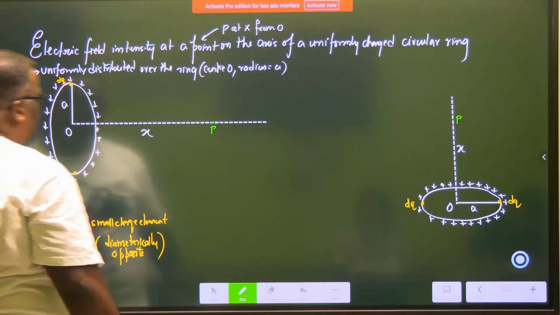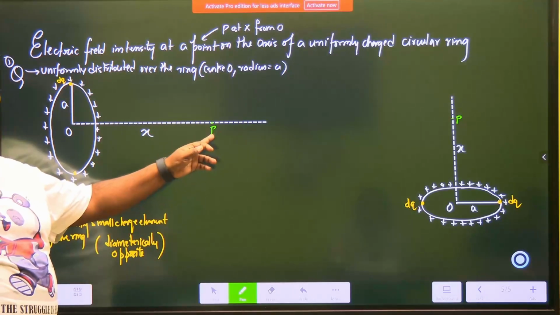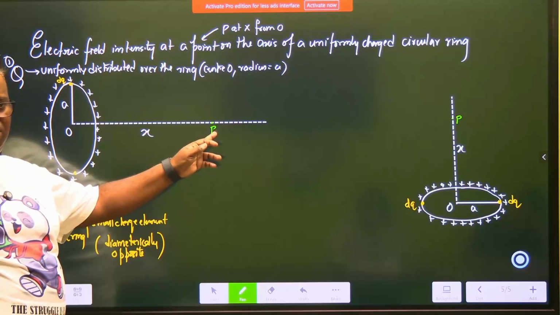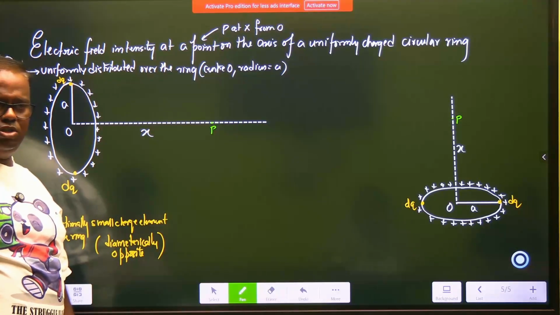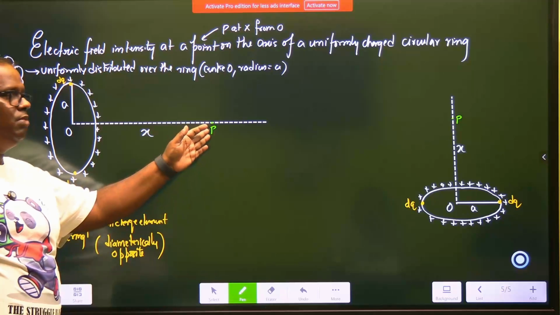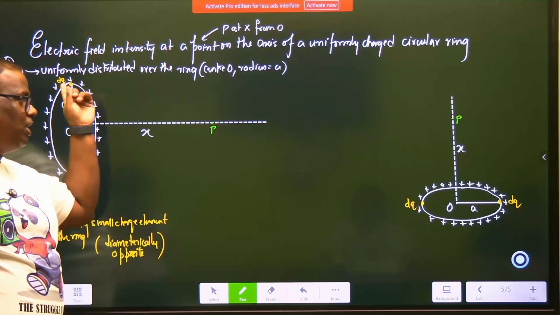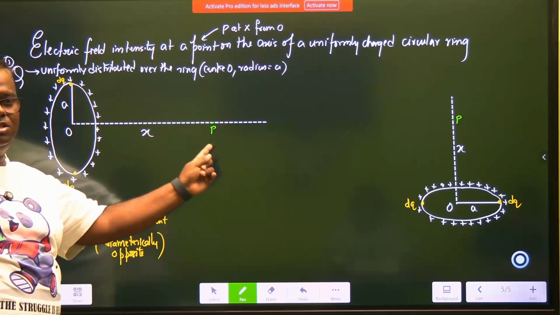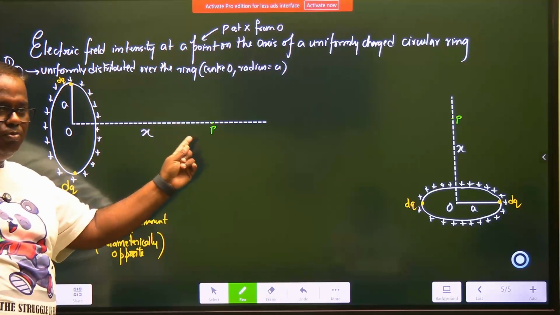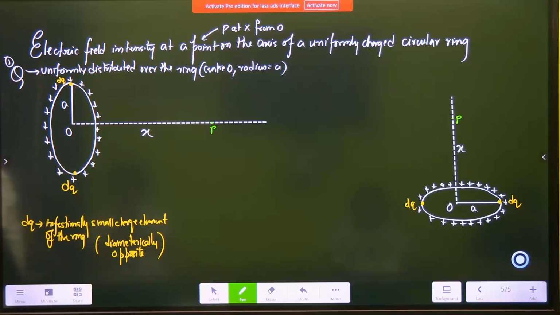Now just understand, if you want to find the electric field out here, what is electric field at a point? Force divided by the charge. So it is given by K times the charge by R square. Now your R will be what? The distance from dq to P. Do you agree or not?